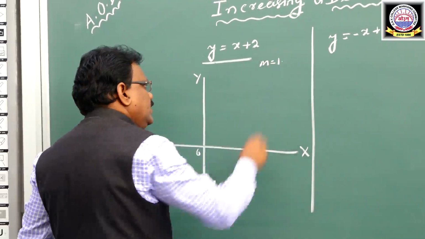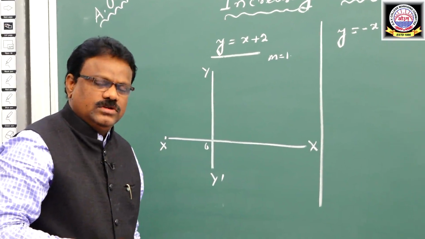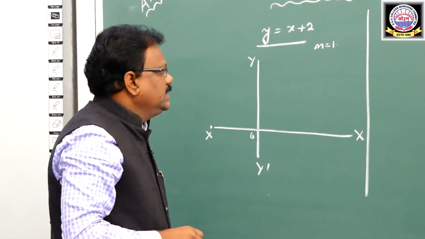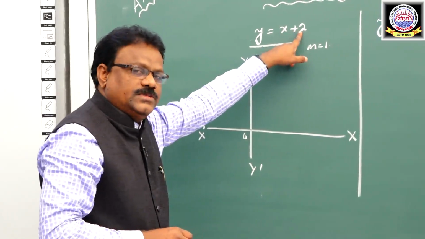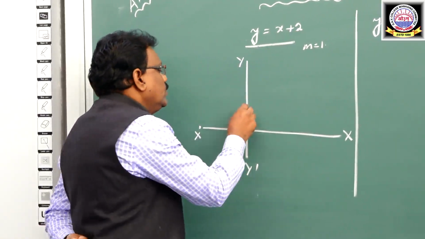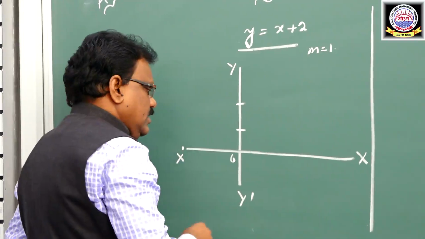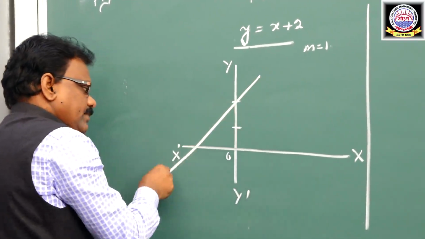m is equal to 1 means tan theta is equal to 1. So, tan theta is equal to 1 means theta is equal to 45 degree. So, theta is 45 degree here and the y-intercept is 2 units. So, first you draw the y-intercept 2 units, and the graph making angle 45 degree.